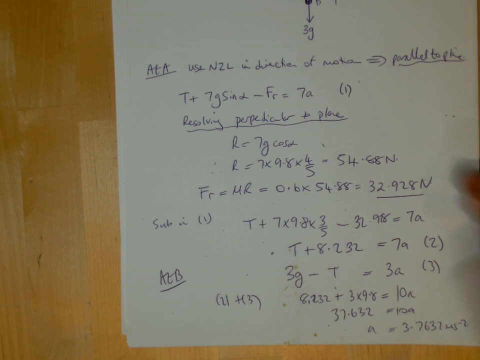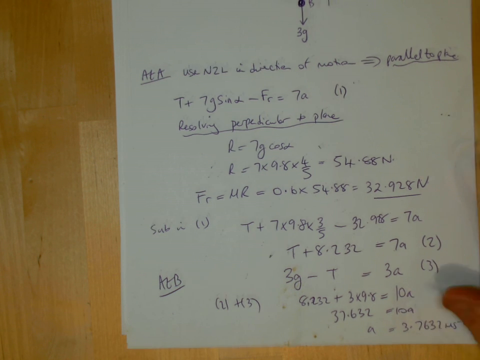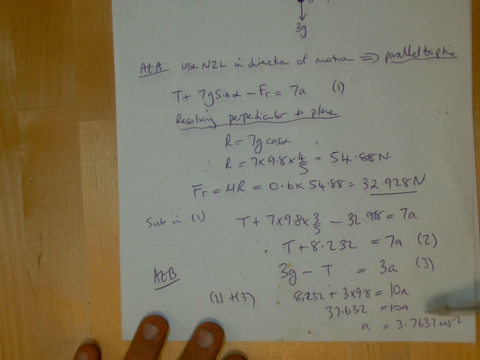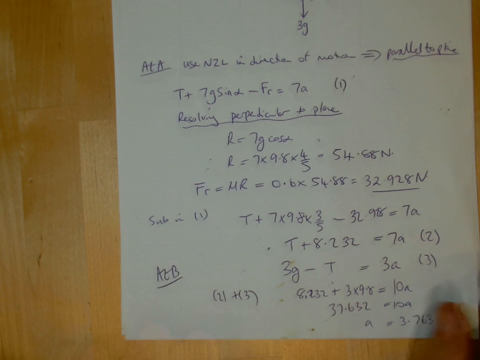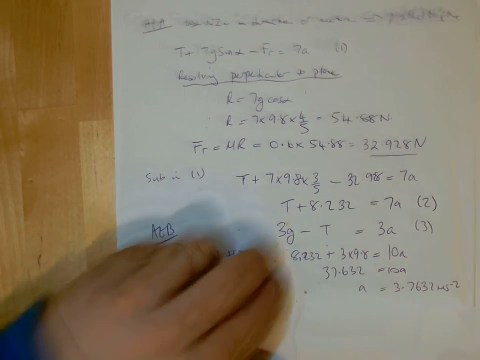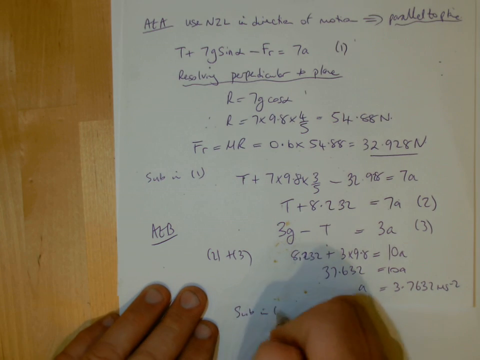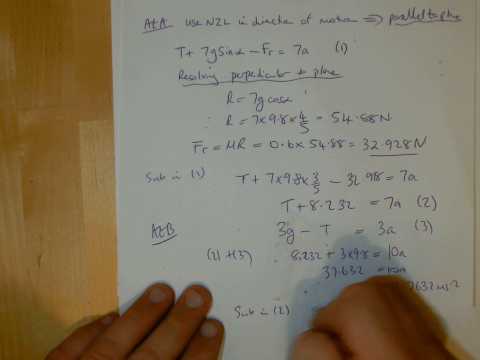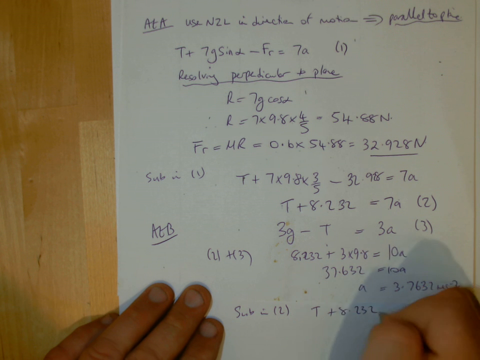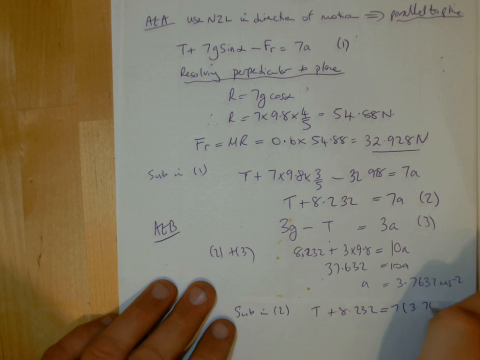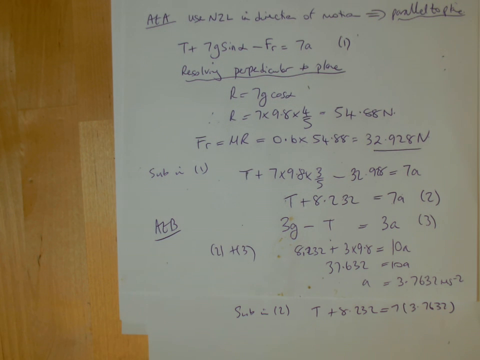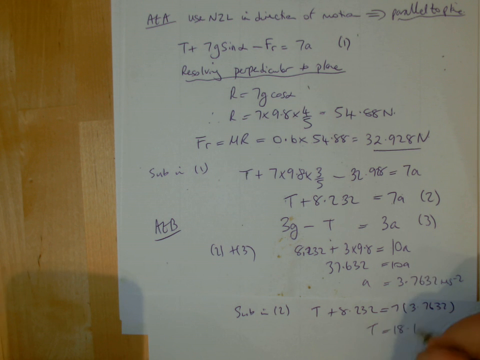We've worked out the friction, and we've got the tension to be found by simply subbing into 2. So T plus 8.232 equals 7 times a, which is 3.7632. Rearranging that, we get the answer to be 18.11 newtons.